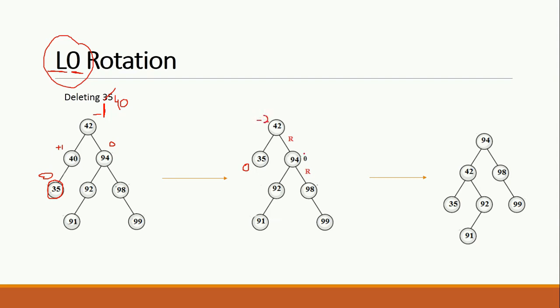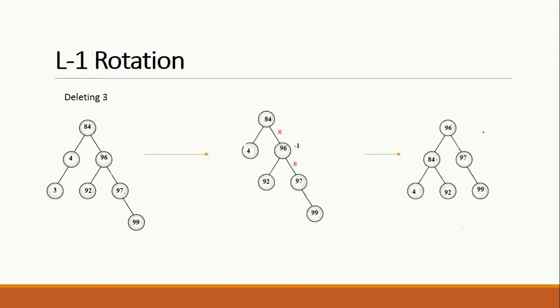Who is the right child? 94. What is the balance factor? 0. So if deleted in the left subtree, and the balance factor of the right descendant is 0, L0 rotation is required. For L0, from the node where you have the problem, you have to apply RR rotation. Everybody knows how to apply the RR, it should be the anti-clockwise rotation. So this would be the final tree after the deletion. Okay, so that is L0.